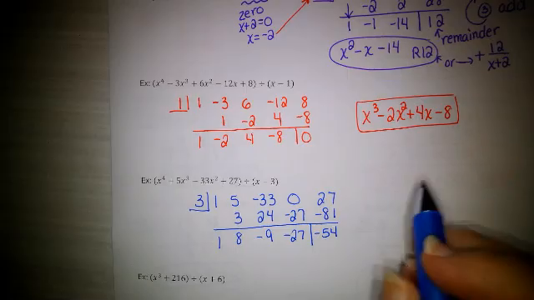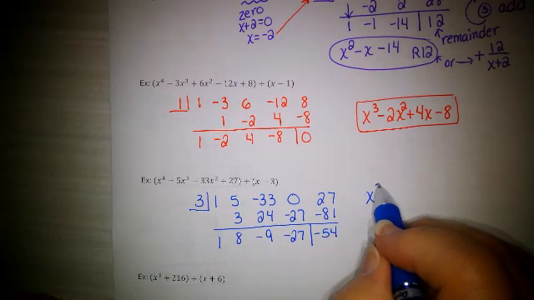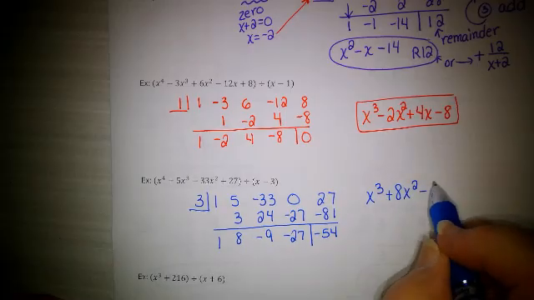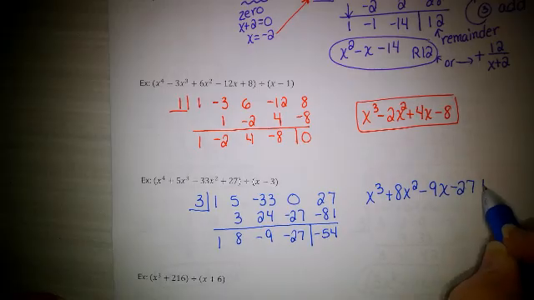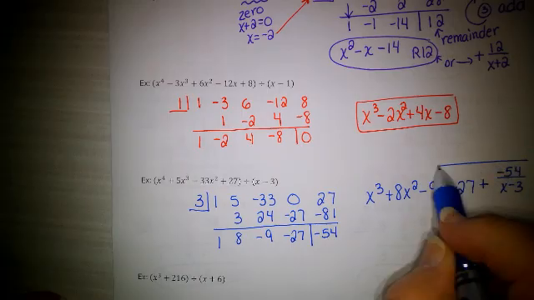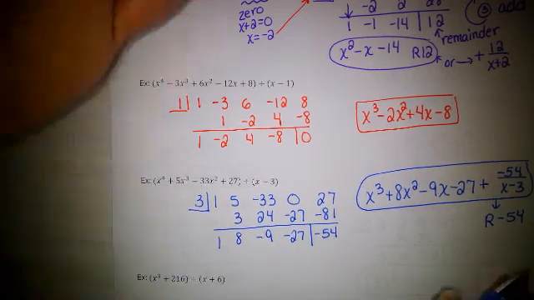So for my answer, I'm going to start 1 power below, so 1x to the 3rd plus 8x squared minus 9x minus 27 plus negative 54 over x minus 3. Or you could write your remainder as r negative 54 for your remainder.